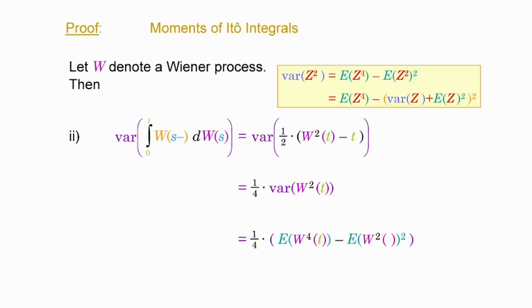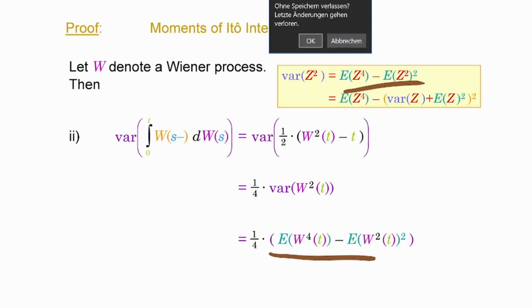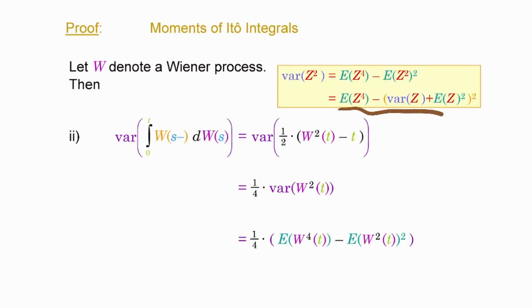The expectation of the squares, right? So I'm going to have the square of the expectation of the square of the Wiener process in consistency with this formula. And that's what I applied. I could have done this right there, but I wanted to have that step included, just to break it down a little bit.